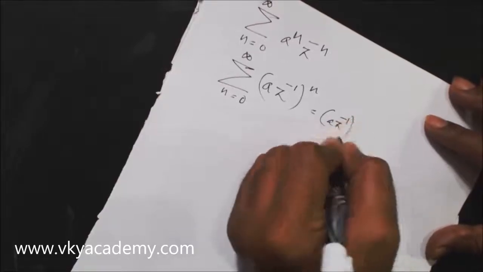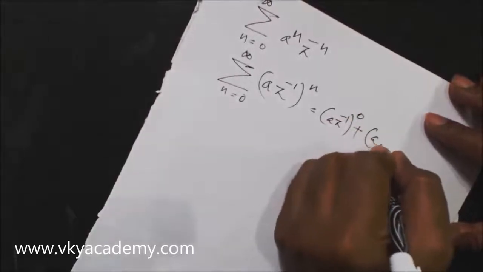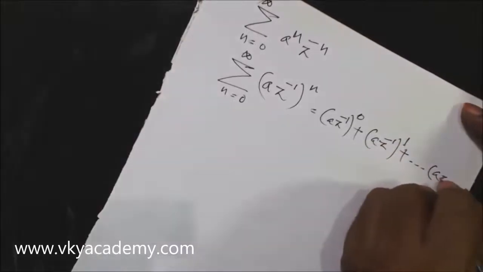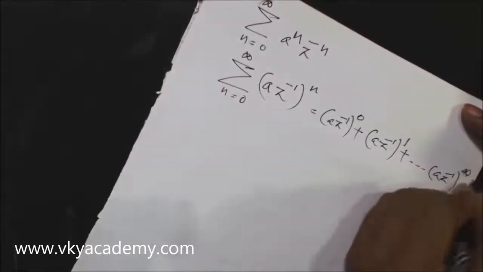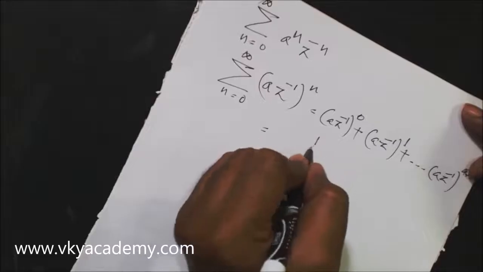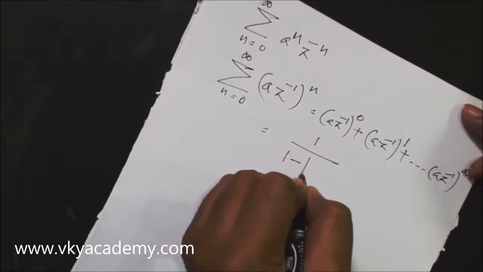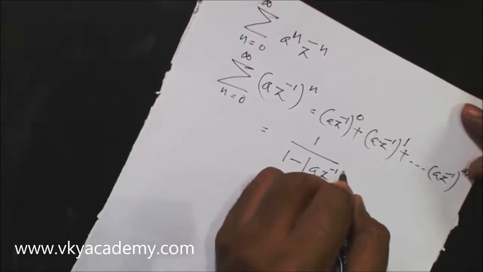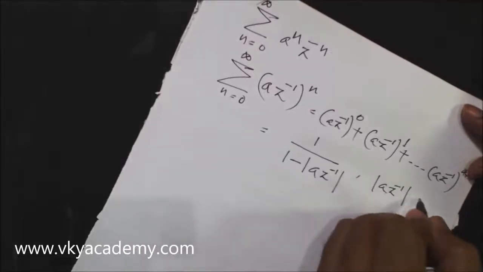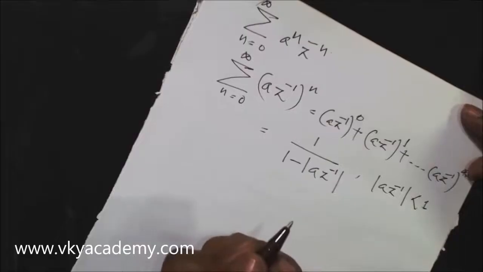A z inverse to the power 0, a z inverse to the power 1, up to a z inverse to the power infinite. And we know a GP series converges at 1 by 1 minus a z inverse, provided mod of a z inverse is less than 1.